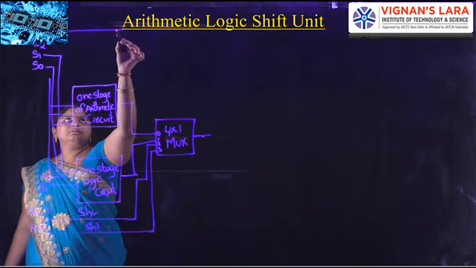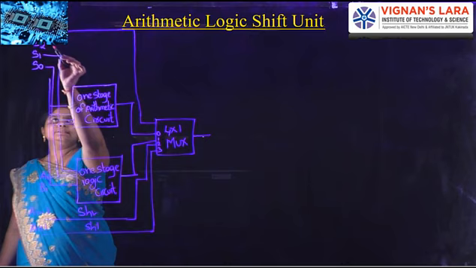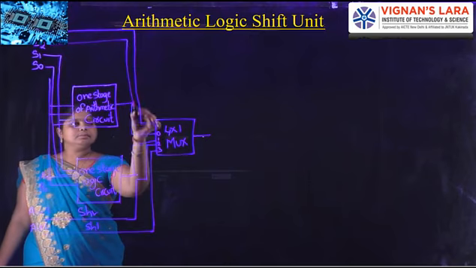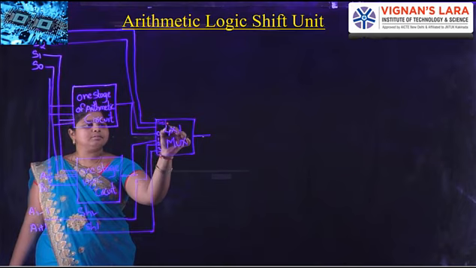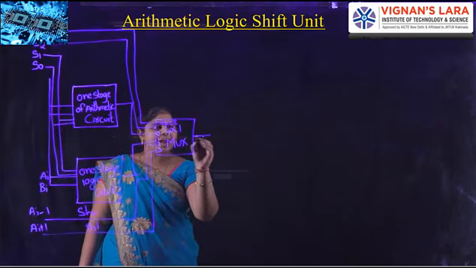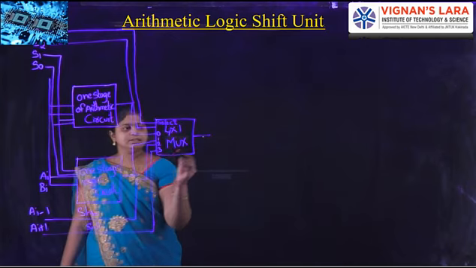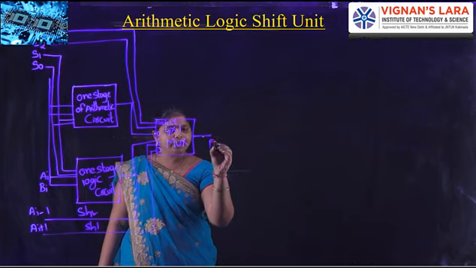S2 and S3 are the inputs for the multiplexer; these two are known as select lines. This is the final output of these operations, controlled by the multiplexer, denoted by Fi.